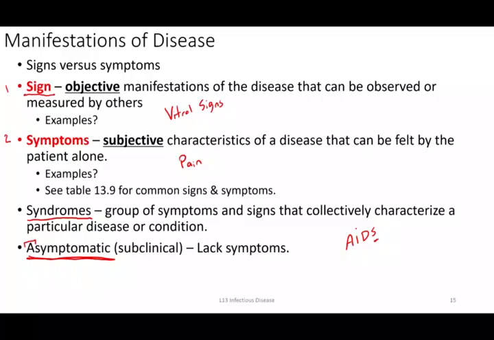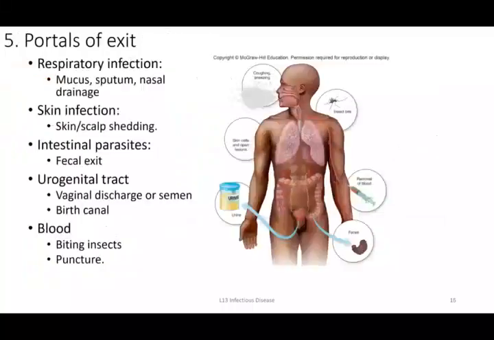They can have a variety of infections that typically our immune system can fight off, but if someone reaches that threshold of AIDS, then they start to see specific opportunistic infections much more commonly. So those are a variety of manifestations of disease. So sign versus symptom is something that is really important in our understanding of disease.